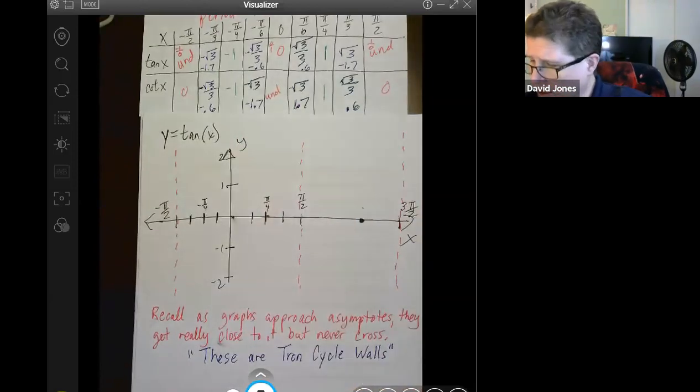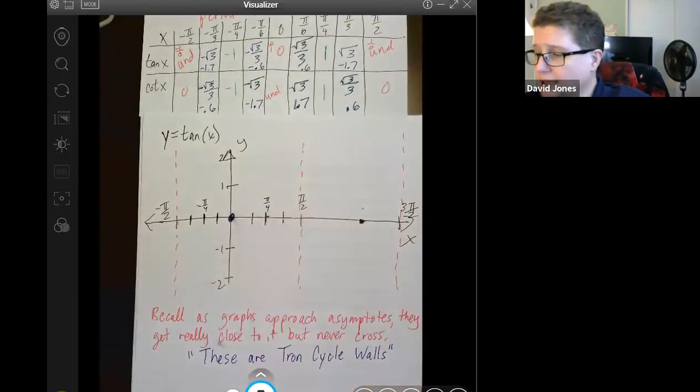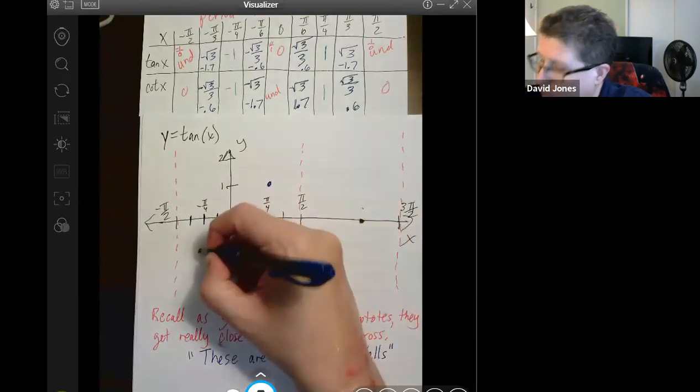Okay, so what do we have for tangent? The origin is a point on the graph. And at both pi over 4s, we're at an increment of 1 and negative 1.